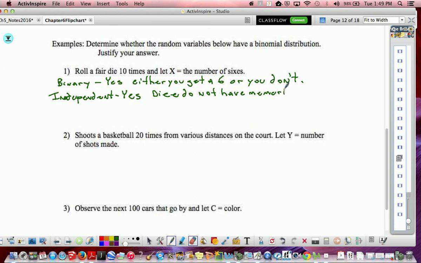Meaning what happens on one roll does not impact the next roll.